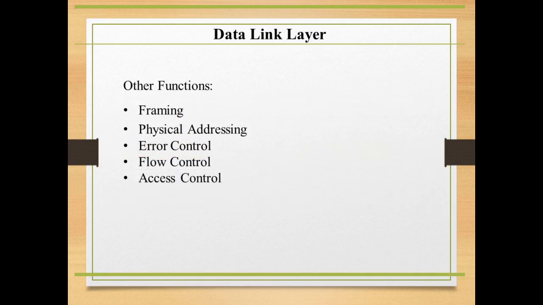Other major responsibilities of the data link layer are framing. The data link layer divides the stream of bits received from the network layer into manageable data units called frames. Physical addressing.